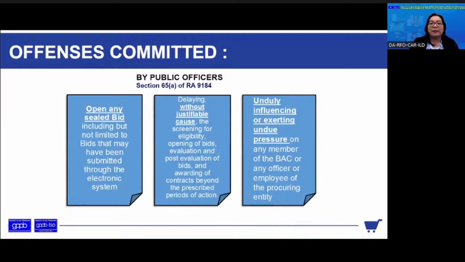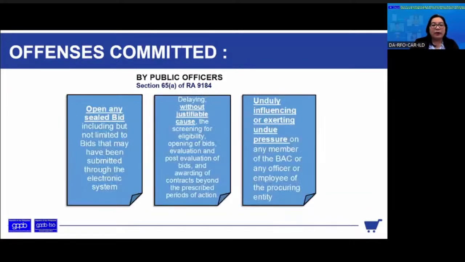And of course, alam mo naman yung bidder sometimes, they also insist on what they believe in. So as long as there is an undue influence or undue pressure that is exerted on any member of the procurement organization, then it could be an offense under this rule, no?